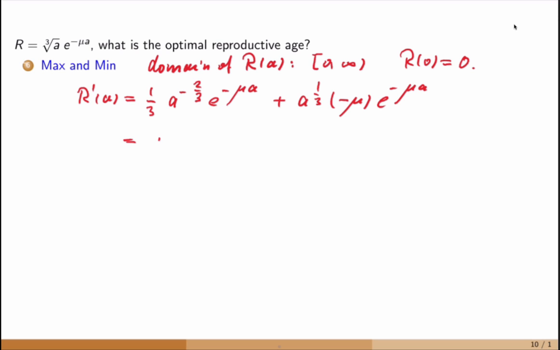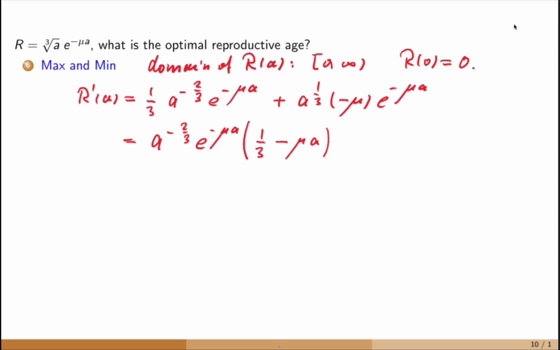I factor out a to the minus 2/3 times e to the minus mu a. Let's see what we keep. In the first term we keep a third, and then plus in the other term, if we factor out a to the minus 2/3, but we only have 1/3 here, this is in fact an a, and so we get minus mu a. If you multiply this out, a to the minus 2/3 with the a here, we get a to the 1/3, which is what we should have.